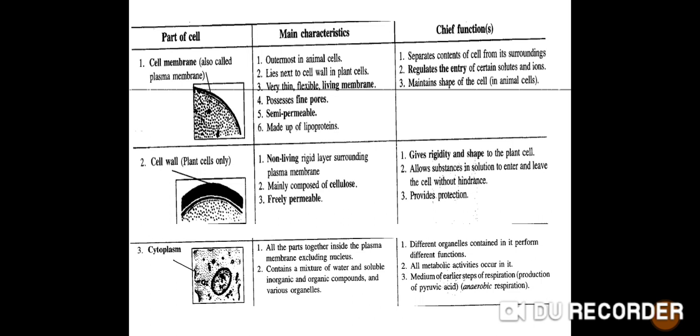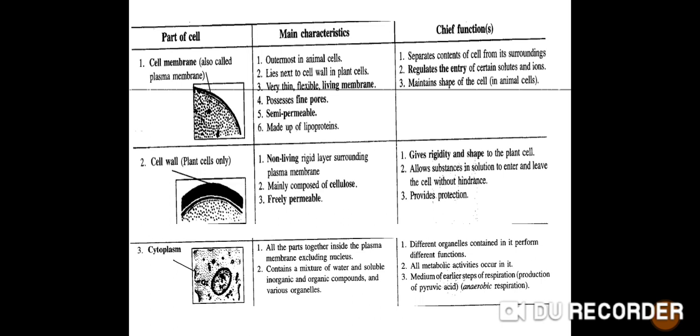It is lying next to the cell wall in case of plant cells. This plasma membrane is very thin. It is a flexible lining membrane. It possesses flat pores. It is semi permeable in nature and it is made up of lipoproteins.